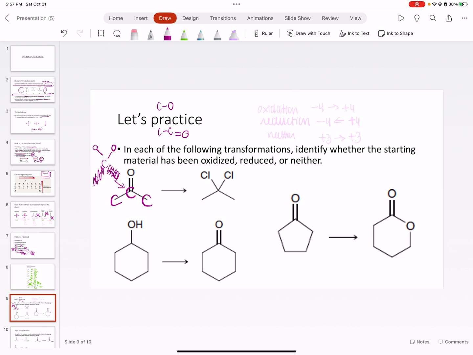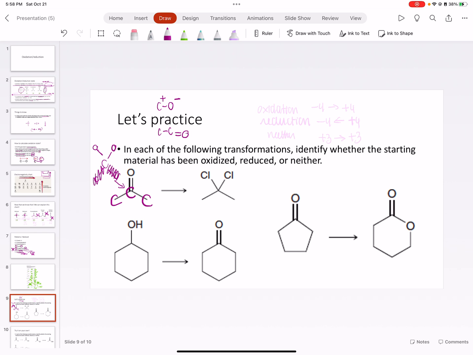And then we have carbon, oxygen. Oxygen is more electronegative, therefore it's going to be negative, while carbon is less electronegative than oxygen, therefore it's going to be positive. Just remember, we count each bond individually, since we separate the single bonds, but if you have a double bond, you can multiply by 2.